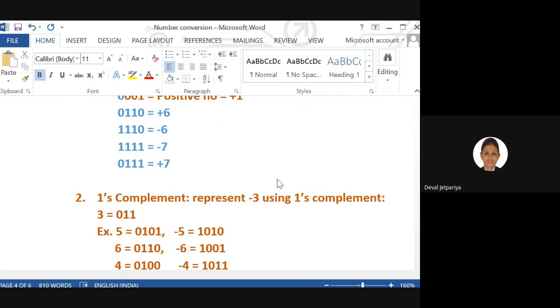Right. And suppose we want to represent -3, then we need to find its one's complement. So the one's complement of 011 is nothing but 100. That's it. Everyone getting how we find this -3? Yes, ma'am. Good. As simple as that.